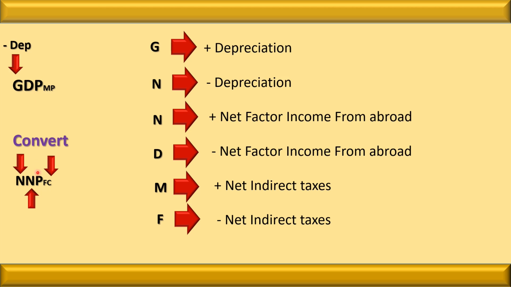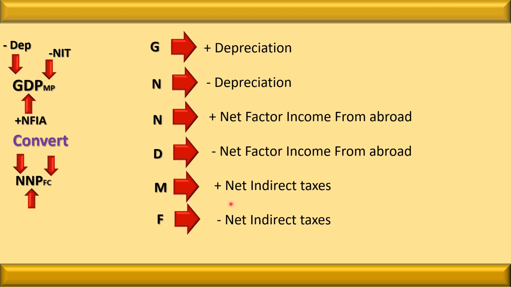What is the sign on national? Second pair, plus. So we have to add net factor income from abroad. Third pair, MP to FC. From MP to FC, we have to deduct net indirect taxes. I hope the point is clear.